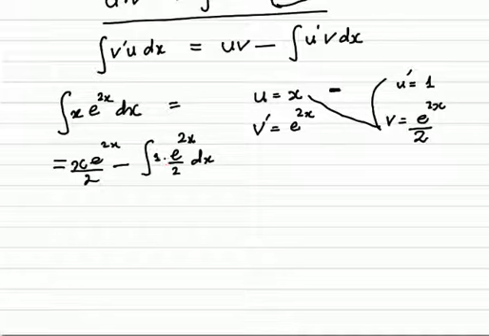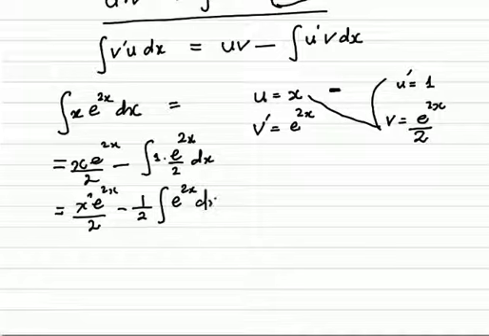You can see that 1 over 2 is a constant. You can take it outside the integral sign. Then we give x e to the power of 2x all over 2 minus half the integral of e to the power of 2x dx. Now when we are here, we can actually apply what we did there, because we integrated this to get to there.